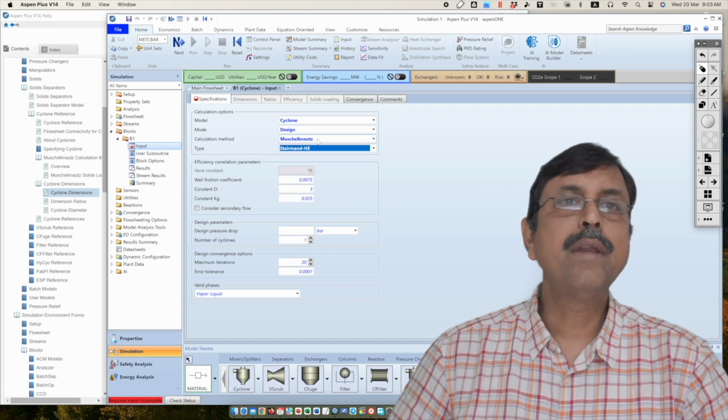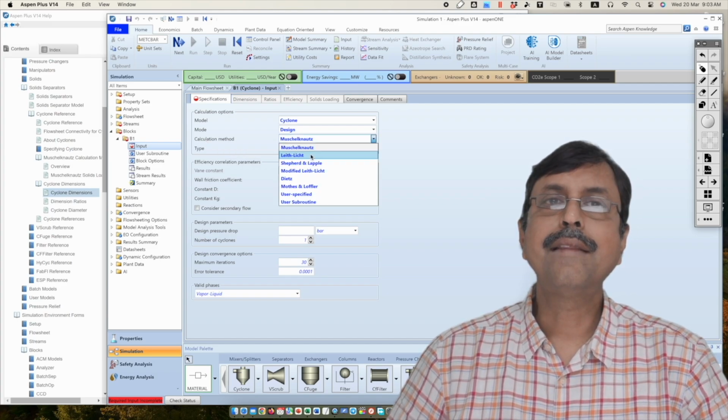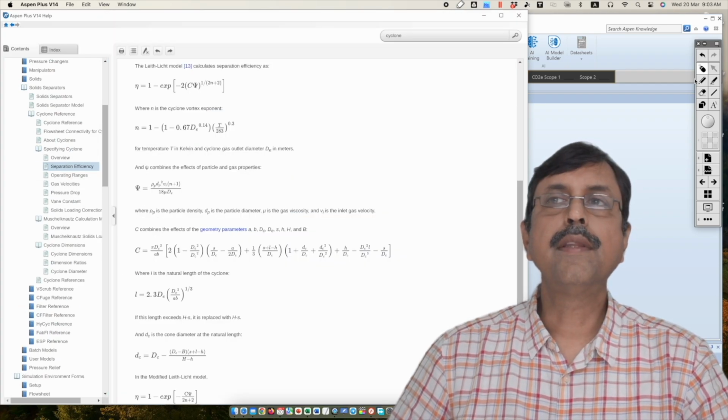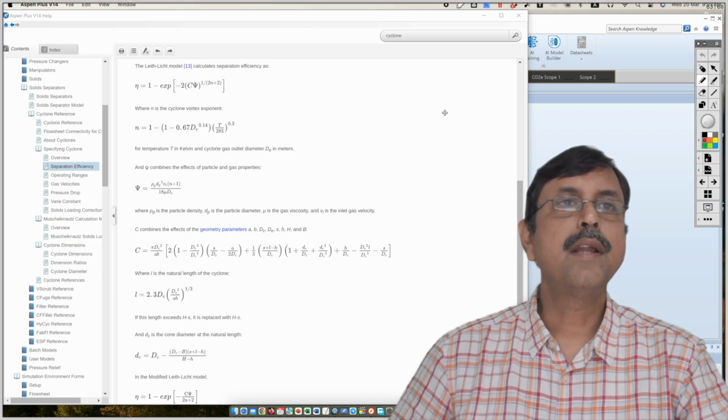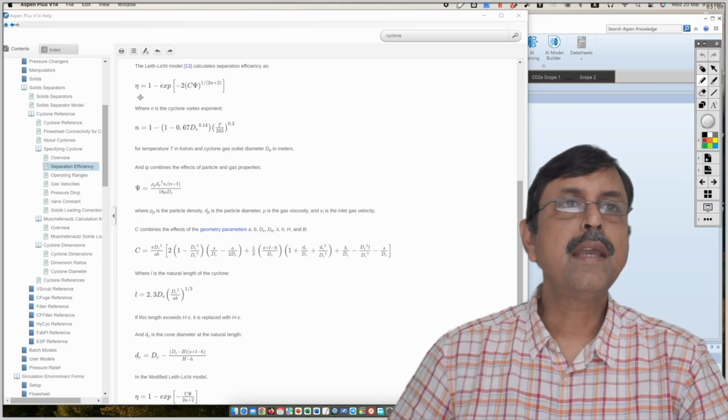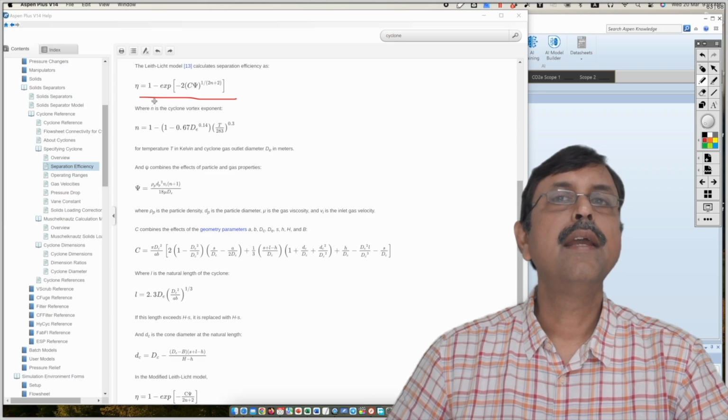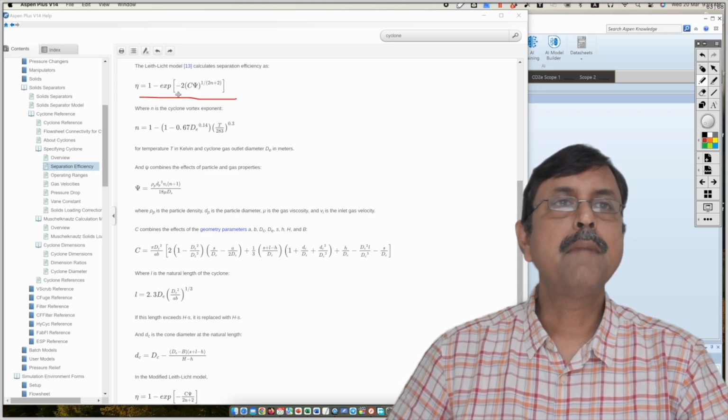Similarly, you go to calculation method, which is the Leith-Licht model. This is given by this particular equation where eta is equal to 1 minus exponential of this term.